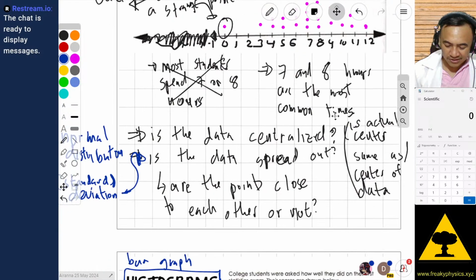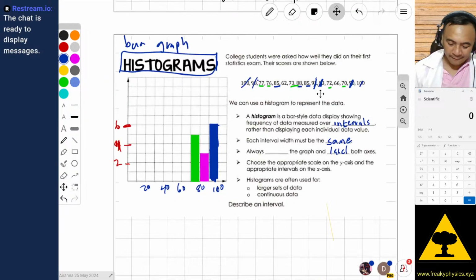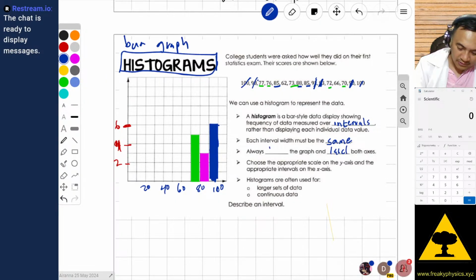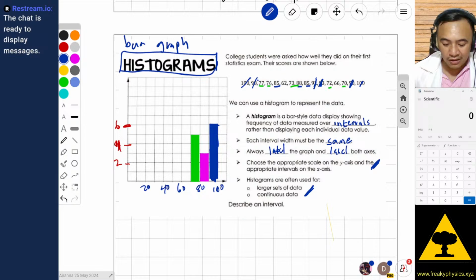In other words, always label it, right? All right, let's just put that as well. This one's been discussed, and this is what we do again. So histograms are often used with either large data sets, whether discrete or continuous, or we just use it with continuous data. Either way.